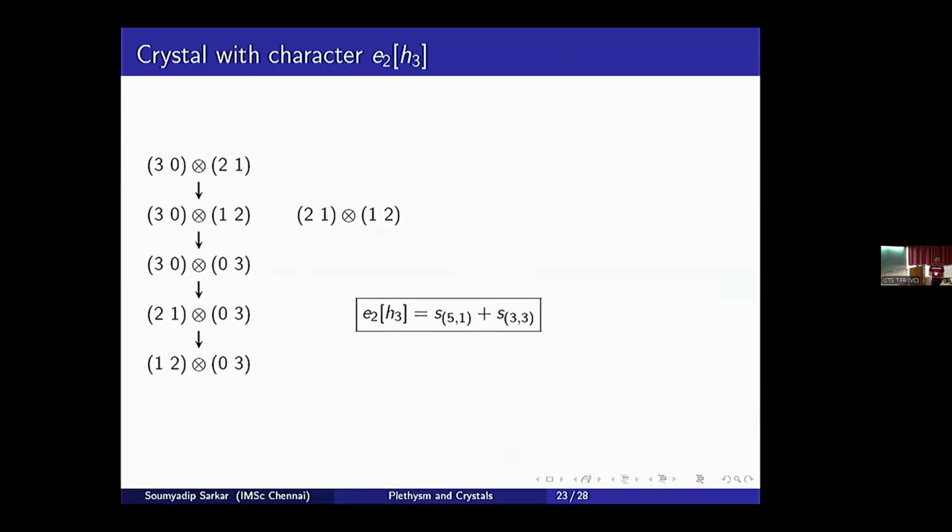Then what you are left with is only these vertices. What is the weight of the highest weight vector here? It is (3,0) tensor (2,1). The weight is just (3,0) plus (2,1), which is (5,1). And (2,1) tensor (1,2), the weight of this is just (3,3). So that is in fact the true decomposition of E_2 plethysm H_3, which is exactly S_51 plus S_33.